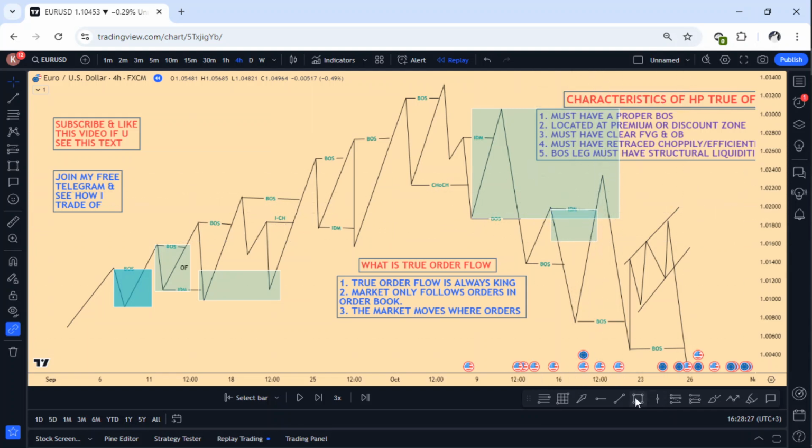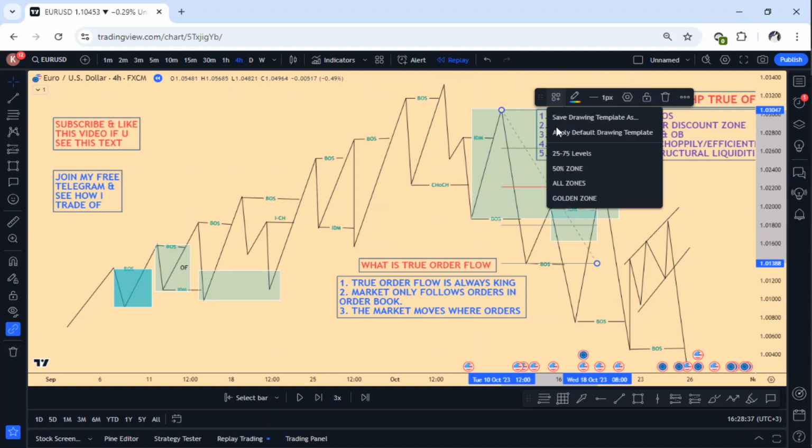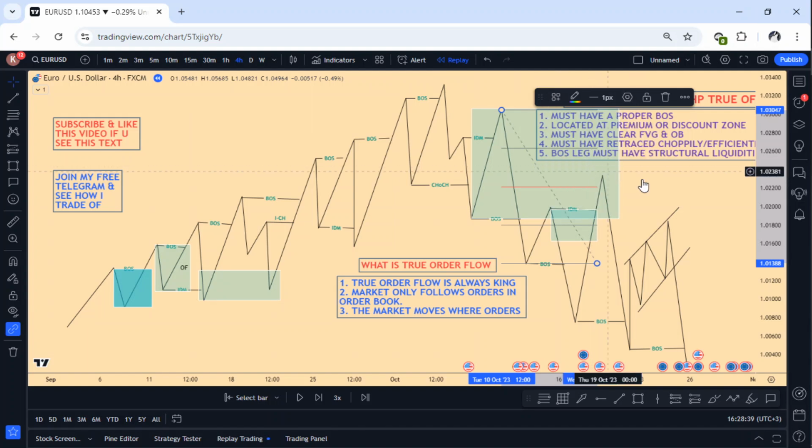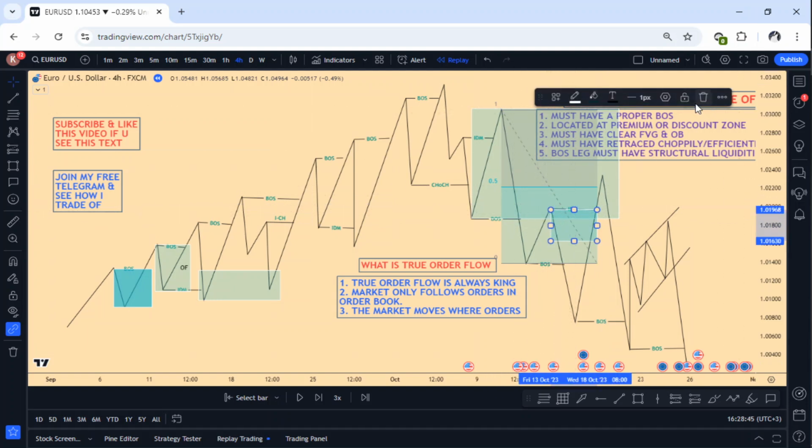Slaughterhouse. Slaughterhouses are areas in the market where there was pullback below the PDRA that you're below or above the PDRA you want to use. So if the market pulled back less than 50%, this automatically becomes what is called structural liquidity, and therefore you can just sit on your hands.